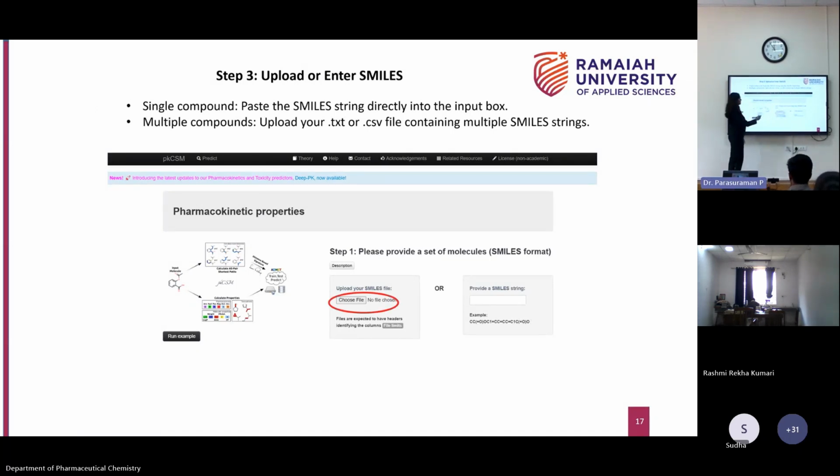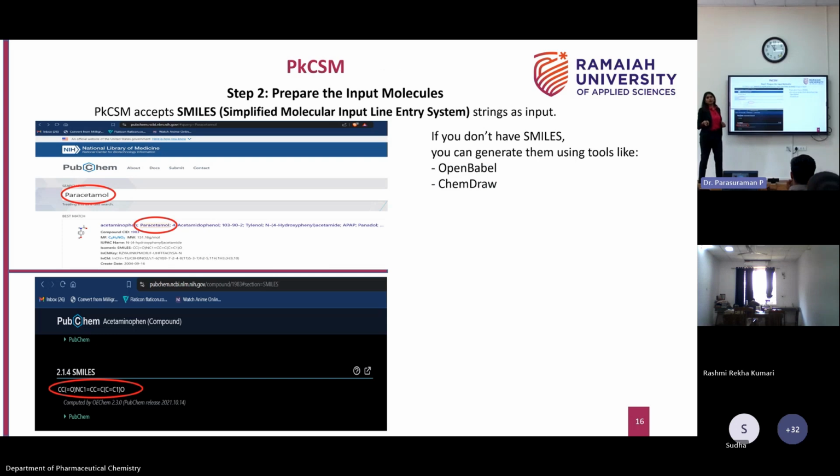You can also upload a whole file if you have many compounds, not one compound. If you have more than one compound, you can upload a notepad file here, or if you have one compound, you can directly put the SMILES in this column. And if you don't have a SMILES, you can generate it through Open Babel or ChemDraw if you have designed that compound.